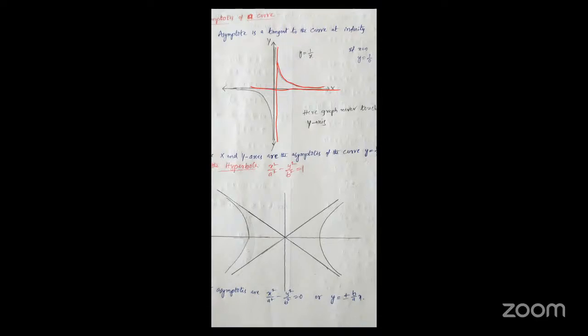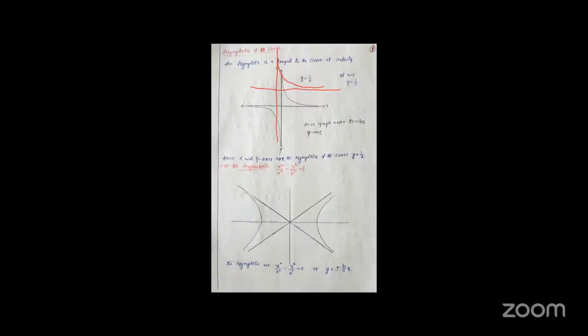So next, for the hyperbola, the asymptotes are given by, here the hyperbola equation is x square by a square minus y square by b square equal to 1.